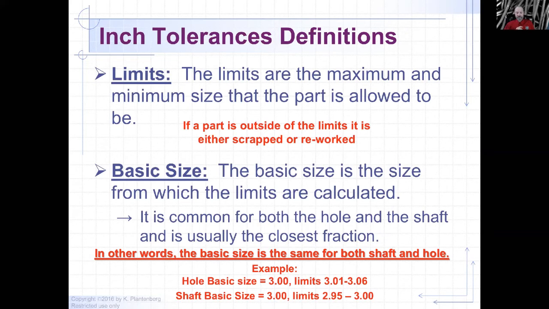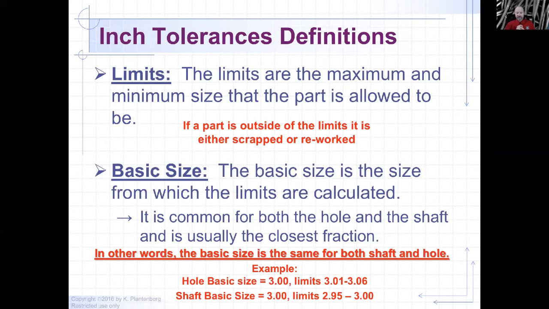Okay, so if the hole basic size is 3, like in the example on the bottom of the page, the shaft basic size will also be 3, typically. The limits for the hole might be 3.01 to 3.06, right? Notice that the basic size is outside of the limits, which is okay, okay?